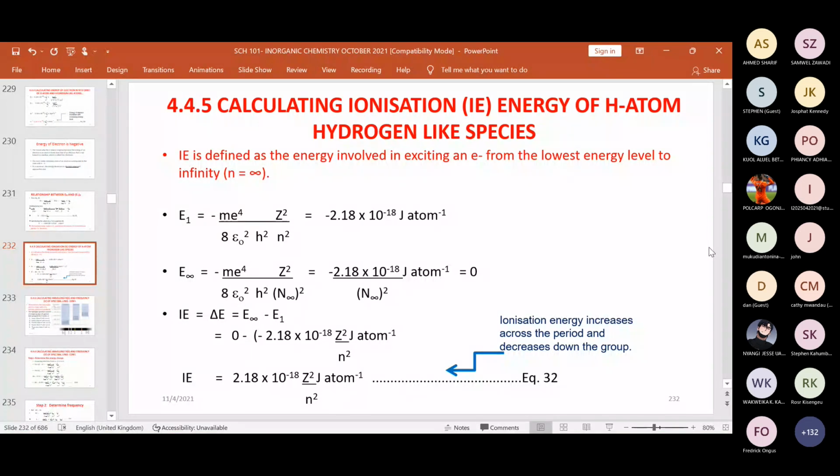Because of the less nuclear charge binding them to the nucleus, you need less energy to knock out an electron, and that explains why the ionization energy decreases as you move down the group. Moving down the group is similar to moving to a higher energy level, so electrons are occupying energy levels which are far from the nucleus.